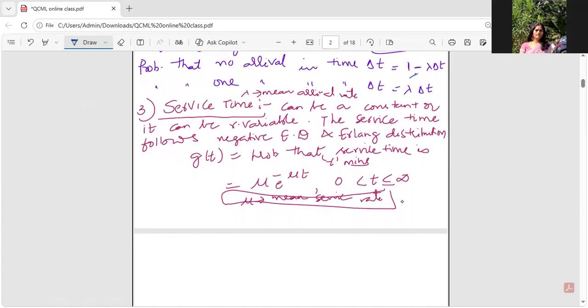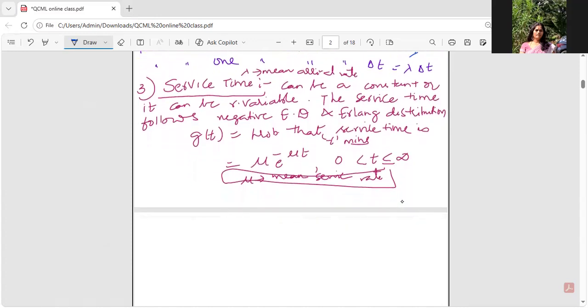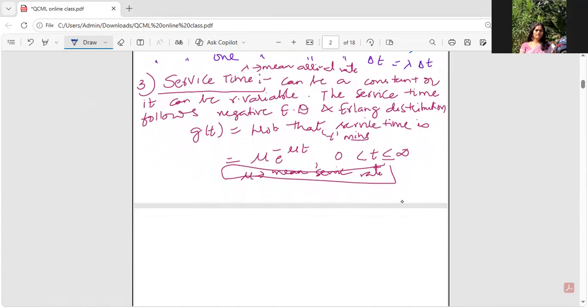The next important parameter of a queuing system is the service time. How much time is needed for a person at the counter to get the service done is the service time. Lambda is the mean arrival rate, and the mean service rate is denoted by mu.